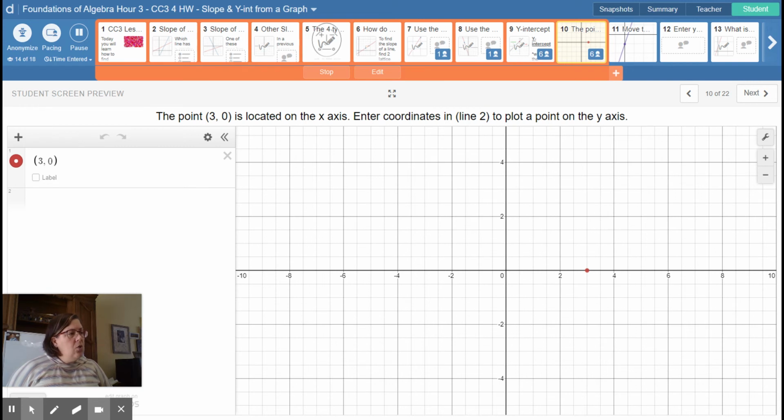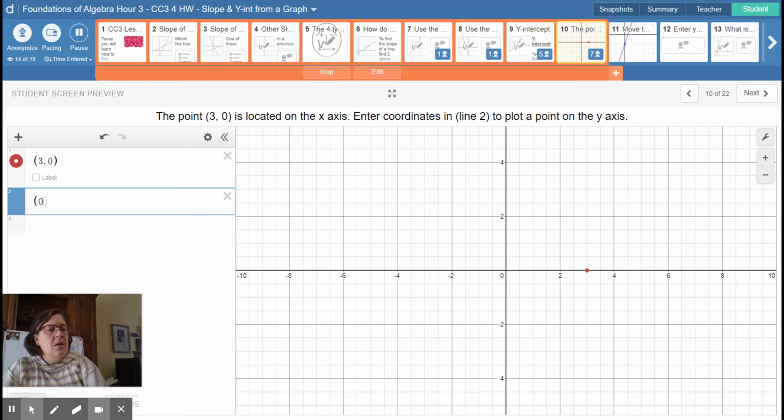So I want you to enter coordinates in line 2 to plot a point on the y-axis. To do that, just click in that little 2 area box. It'll switch it to blue. And then as you are typing in the coordinate pair, make sure that you use parentheses, and then you're going to start that coordinate pair with a 0 because that's going to be what gets you on that y-intercept.